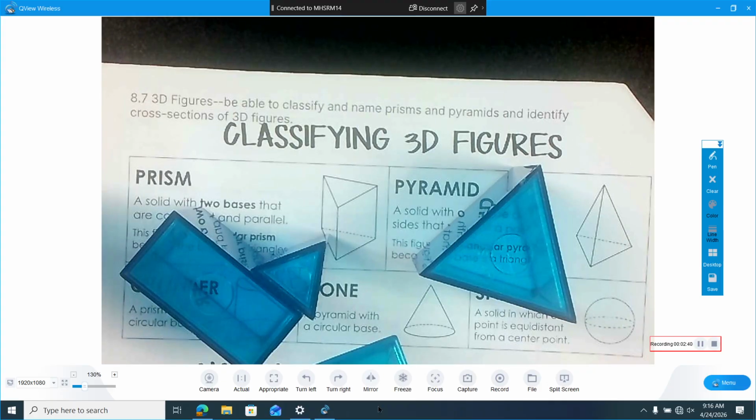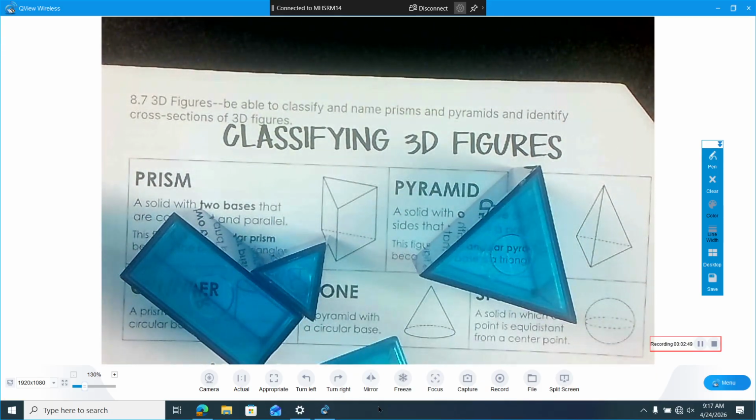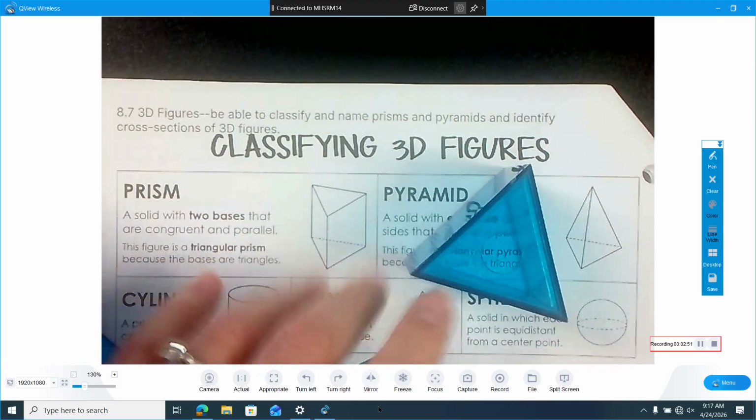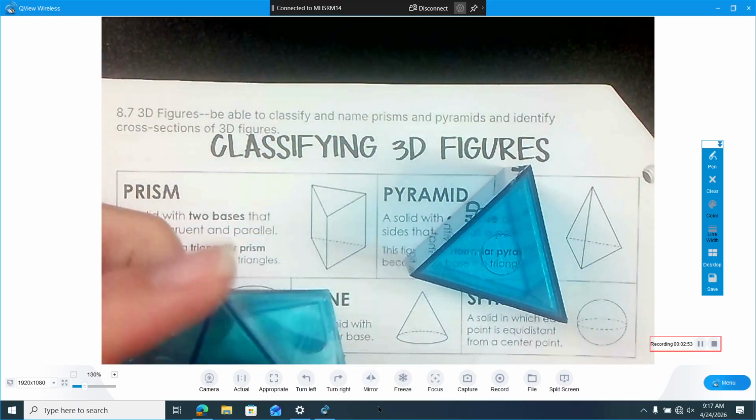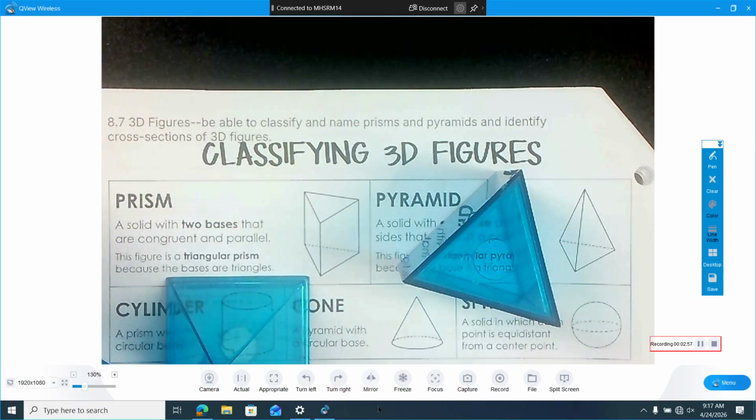Yeah. So this is not a pyramid. This one I think is probably the hardest one to identify, because we know that a pyramid comes to a point. But this one that I'm holding, it kind of looks like it comes to a point from your view, but when I turn it a little bit, it's not.